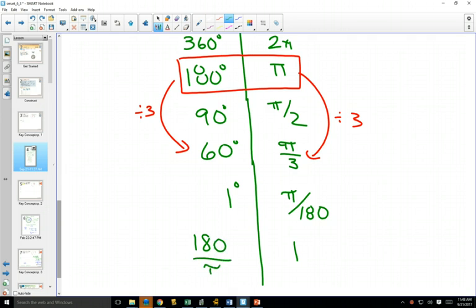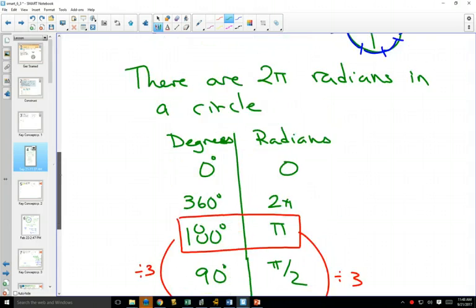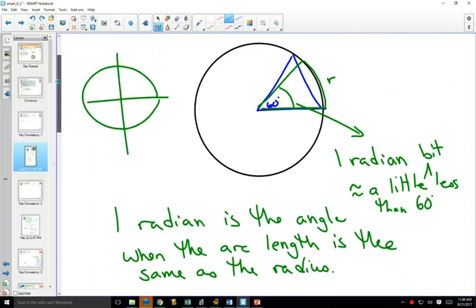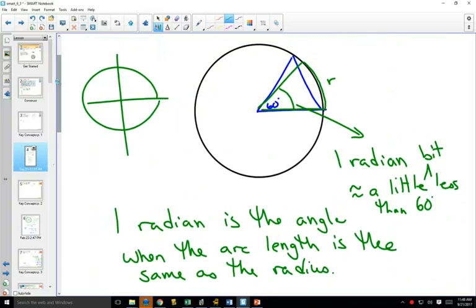Take your calculator out. Find out as a decimal what's 180 over pi. Right now we're hoping to get a better definition of 1 radian.